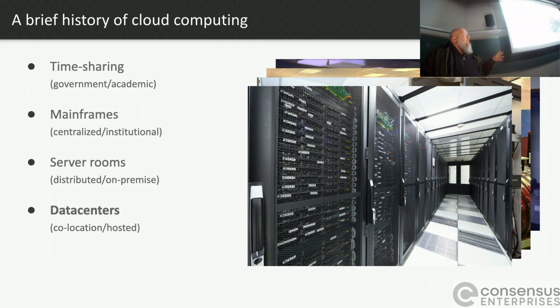And data centers basically aggregate all of the computing capacity into dedicated buildings with specific HVAC systems, so all of the fire suppression, keeping everything cool and dry, things of that nature. And then also having very big pipes to the internet.